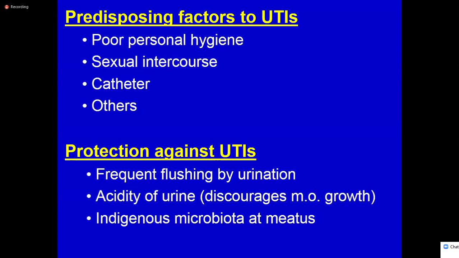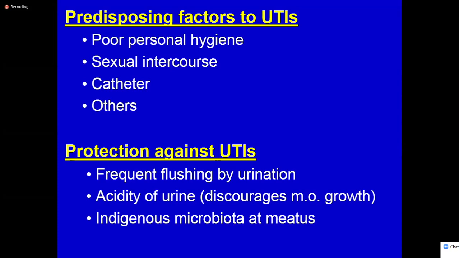Secondly, the presence of endogenous microbiota at the meatus of the urethra. These microbiota, that is to say the normal flora present in this area, will prevent other microbes, including the pathogenic microbes, from colonizing the area, from coming to the area and inhabiting it.